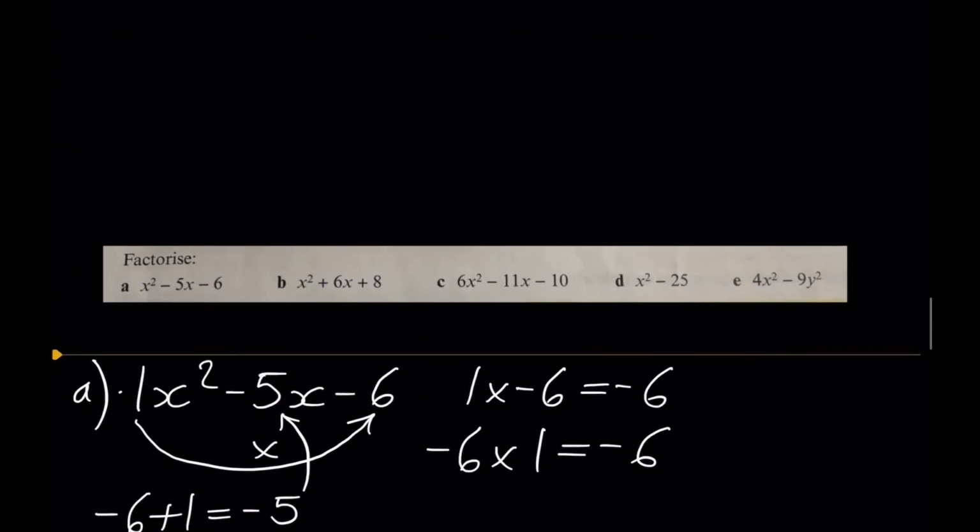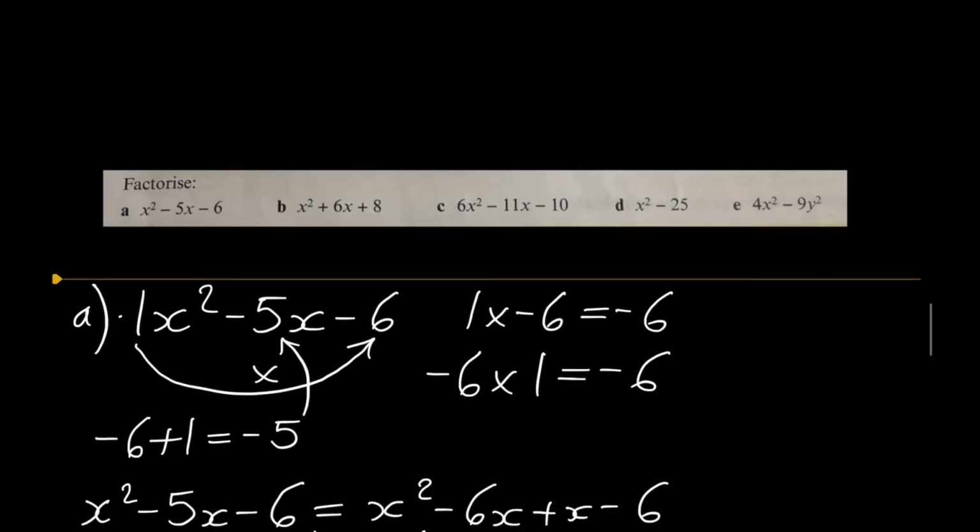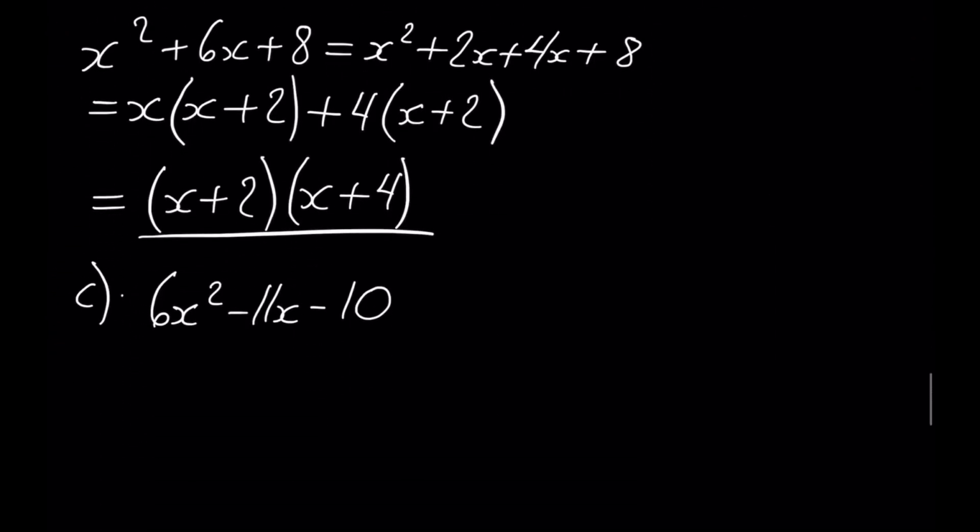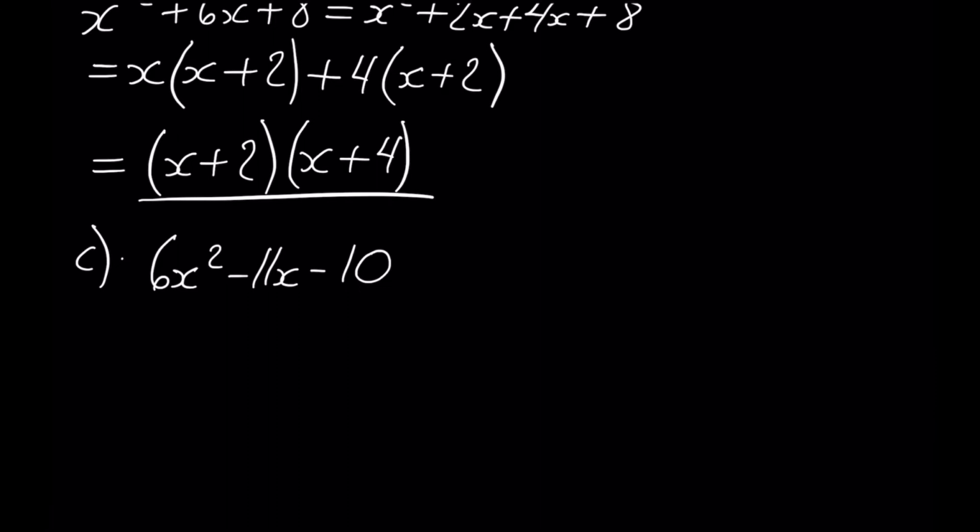Okay, now for the third example for part C. We've got 6x squared minus 11x minus 10. Again, this time the coefficient before x squared is not 1, it's 6. But the same rules apply. We've got 6 times negative 10, which is negative 60.